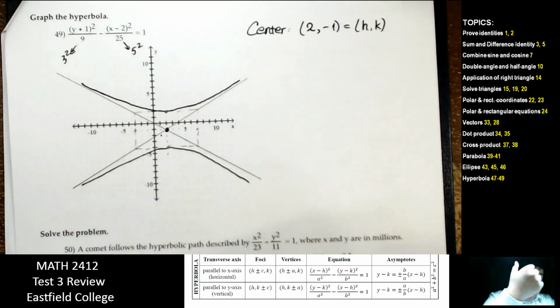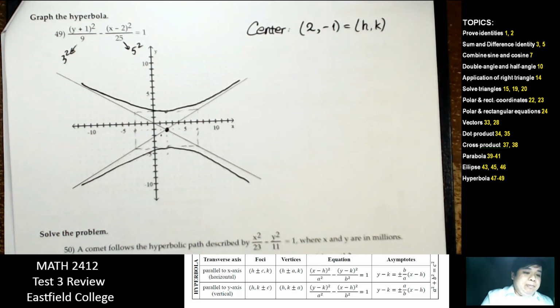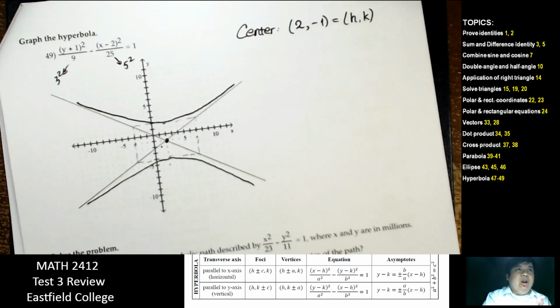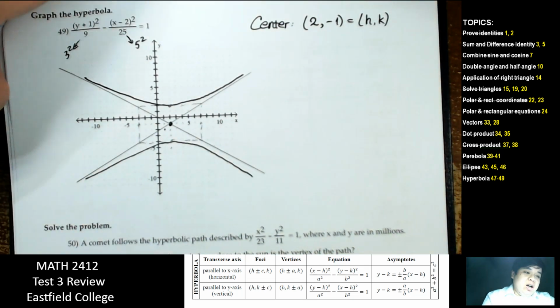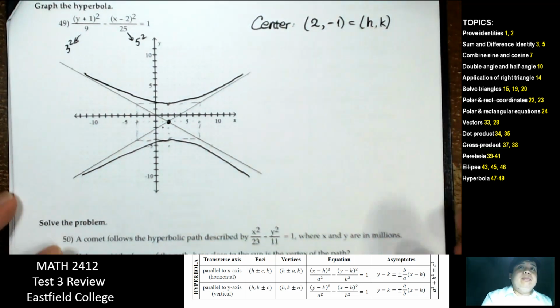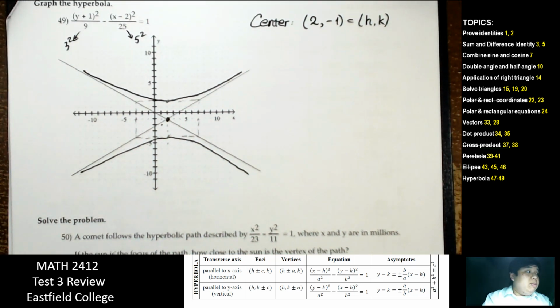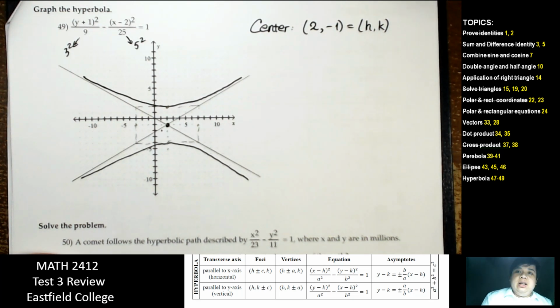So everything will base on the vertex for the parabola. And after that, we have to know the relation between the graph and all the information of the conic section. Alright, so pretty much that covers everything. It will be on test 3. I hope it helped you to prepare for test 3.